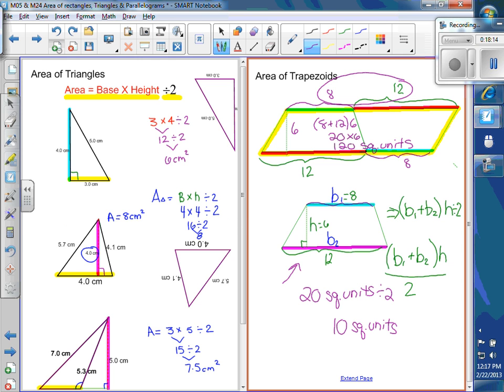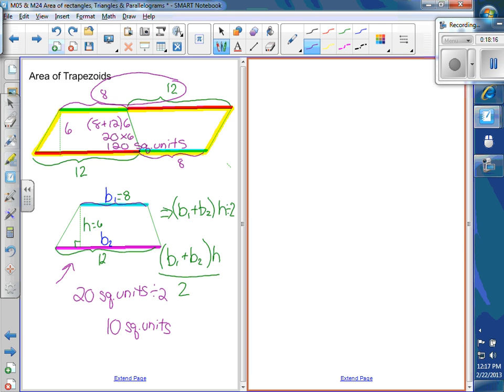Let's practice a problem. I draw a trapezoid here and say that this is 10 units here, say feet, and this is 8 here, and the height, which makes a square angle, is about 4.